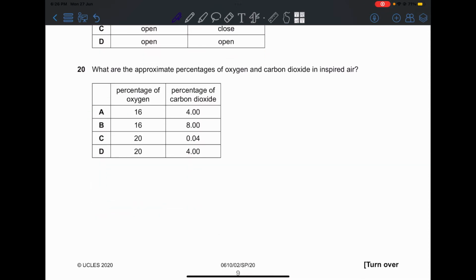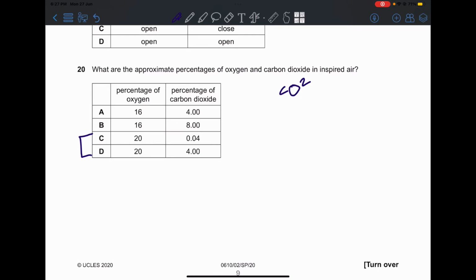Number 20. What are the approximate percentages of oxygen and carbon dioxide in inspired air? Now we know inspired air is going to have more oxygen than carbon dioxide. So we're going to be choosing the percentage of oxygen between this one, C and D. The percentage of carbon dioxide entering is actually 0.04.